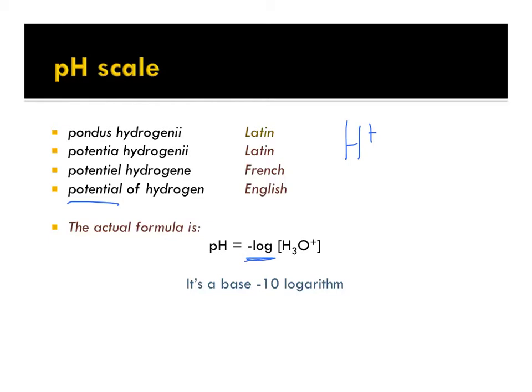And notice that this is a negative log, so that's going to affect our measurements as well. We'll work through all these calculations together, but really what we need to understand is that pH is telling us how much H plus is going to be available. We also have what's called pOH, and as you can imagine, that is the potential for the hydroxide, or OH minus, concentration. So we have pH and pOH.